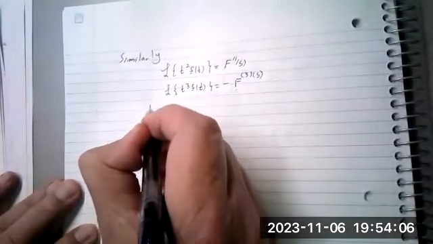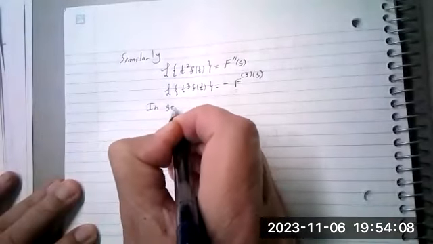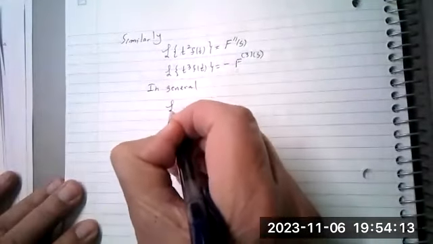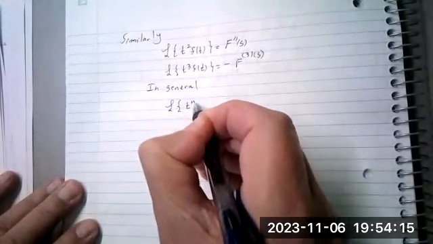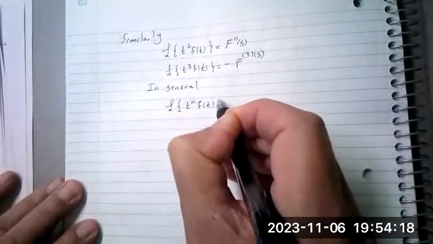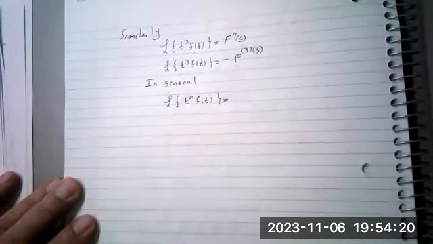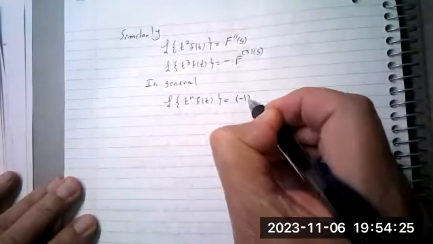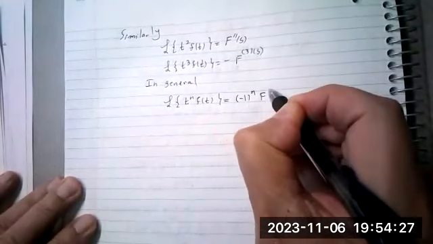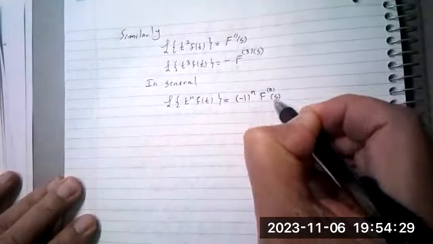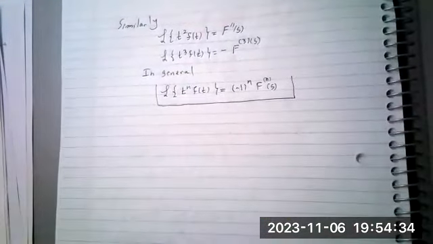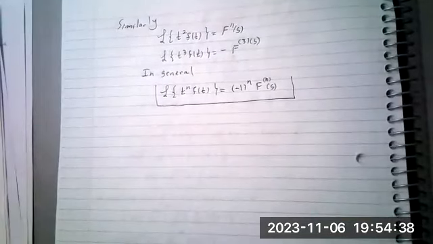So in general, if you want to find the Laplace of t to the n f of t, it may be positive or negative, so it's going to be negative 1 to the n times the nth derivative of the Laplace of the function. You see? Nice formula, so useful in the applications that you're going to have.